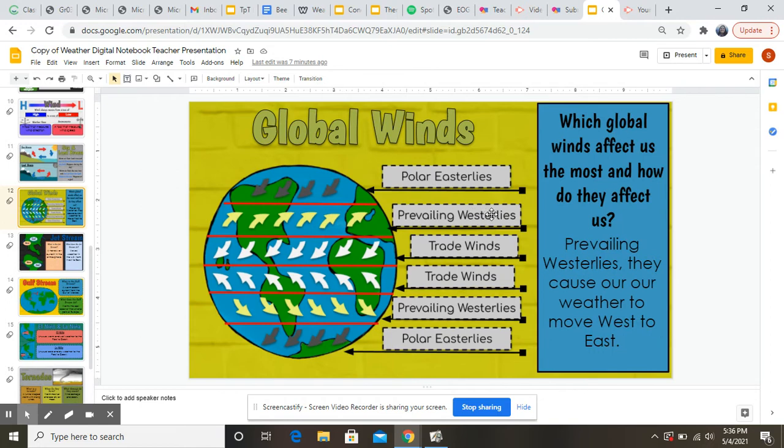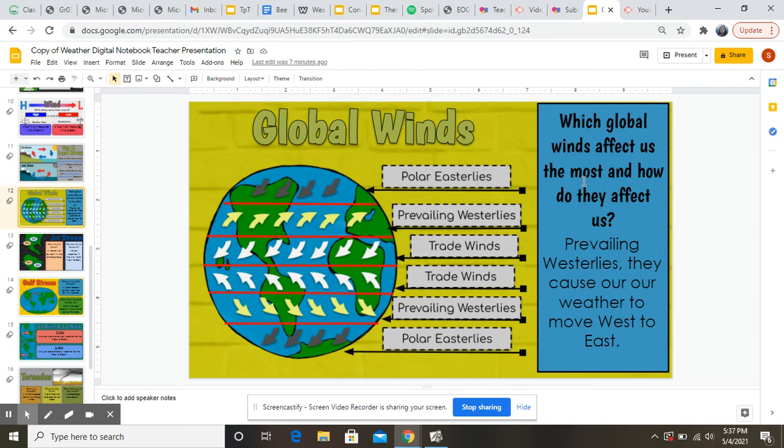It is important to know that this is what impacts our weather the most, is the prevailing westerlies. So we also have trade winds. Trade winds are also just known as westerlies, and they blow from west to east as well.